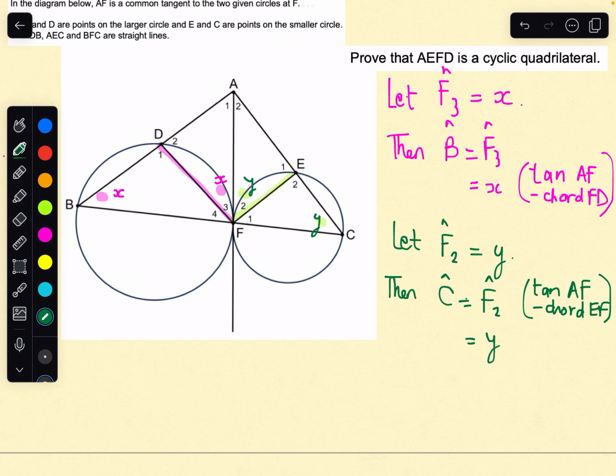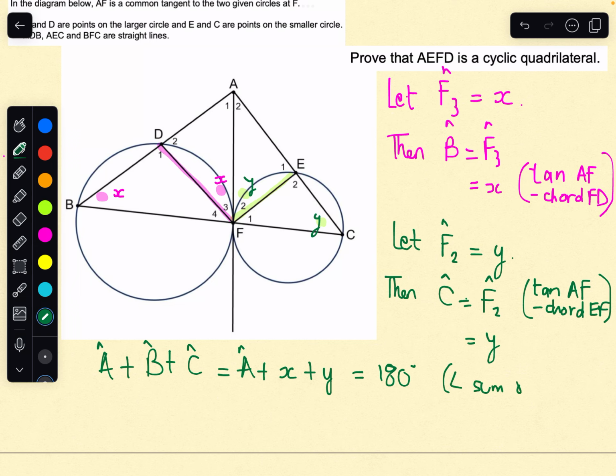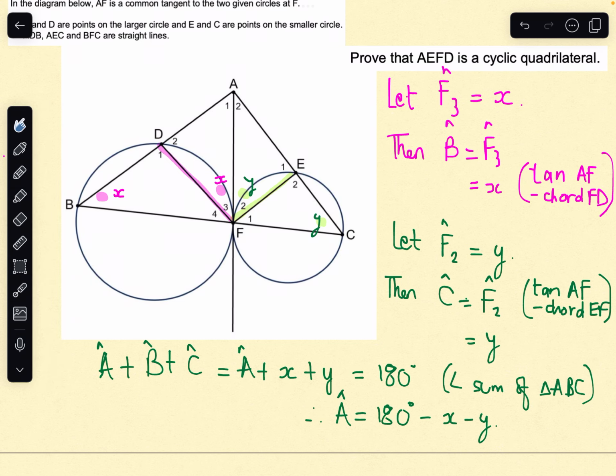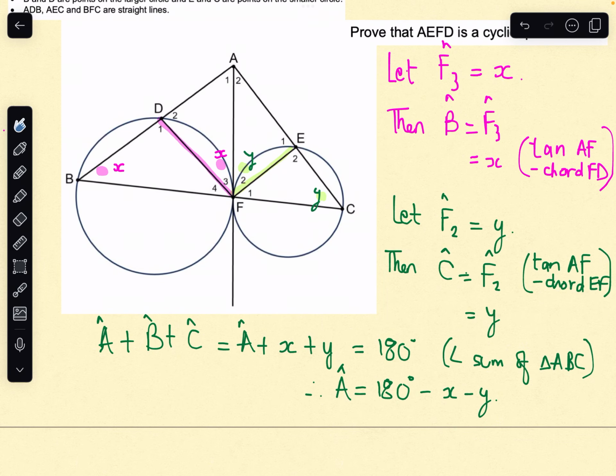Then we know that A plus B plus C is equal to A plus x plus y is equal to 180, and that's because of the angle sum of triangle ABC. So therefore we can say angle A is the same as 180 degrees minus x minus y. So that's this guy over here.